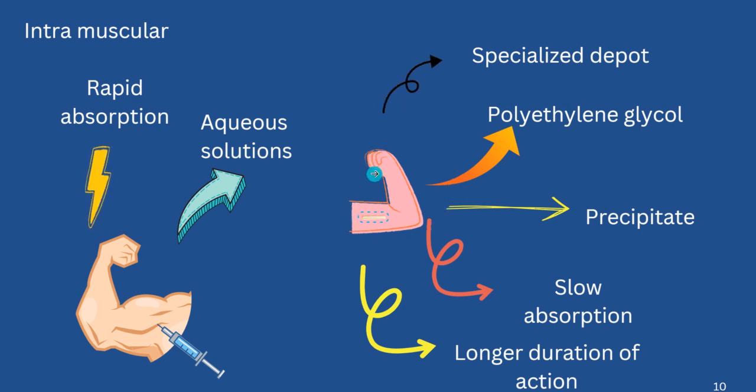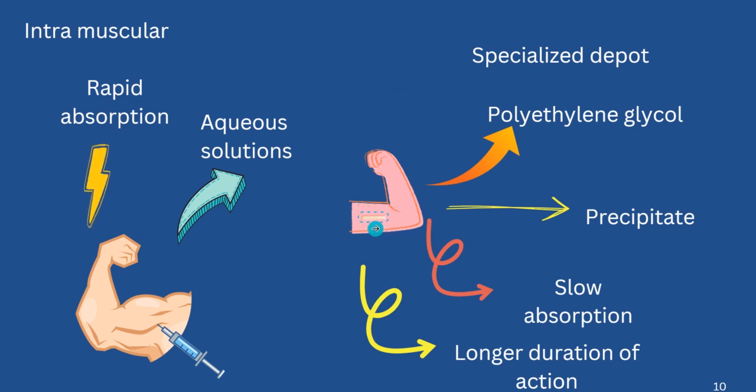When you make the drug as an implant, what is the importance? It has to be made in a polyethylene glycol base, and it has to be placed in a particular part of the body. It can be injected into the body, so it is considered a depot. The specialized implant with the polyethylene glycol base will be injected or implanted in the body.